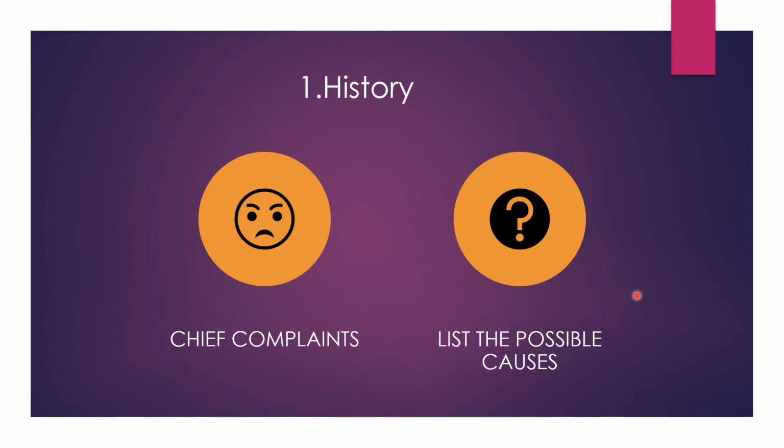The first thing that we come across is the history of the patient. History consists of a chief complaint or more chief complaints, and once you have the chief complaint, you list the possible causes of this chief complaint that the patient may be having.